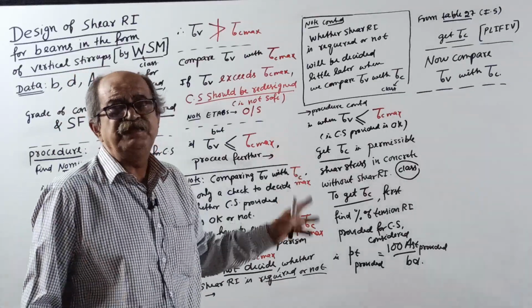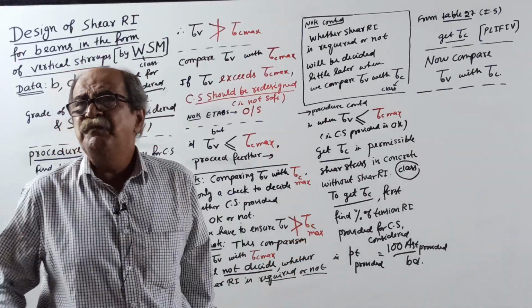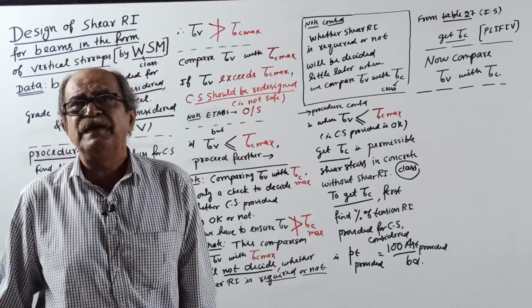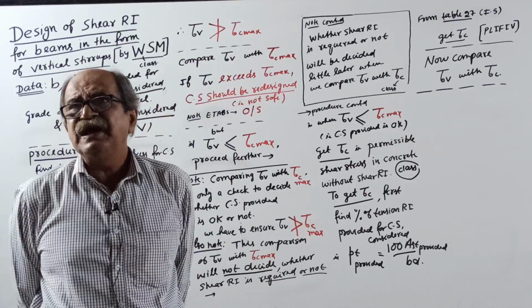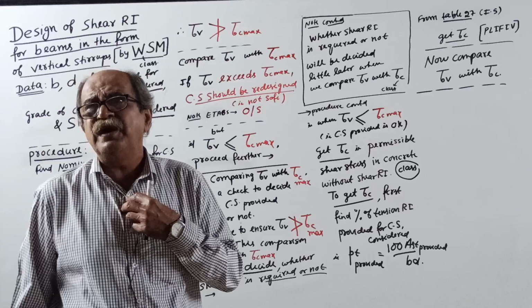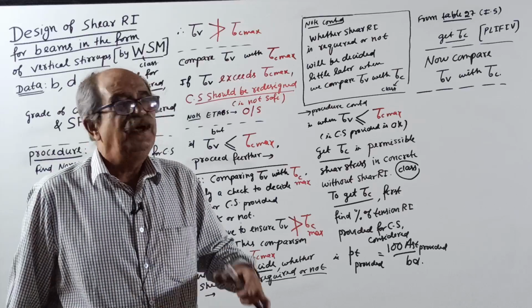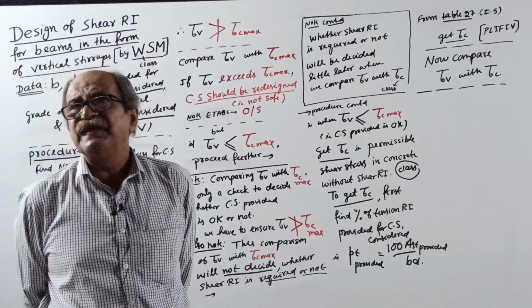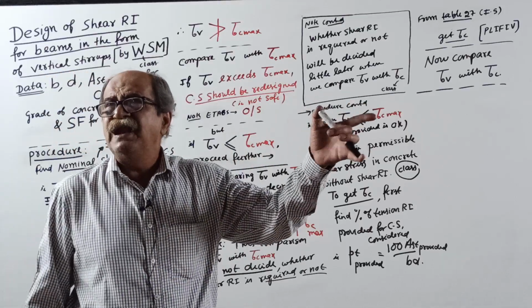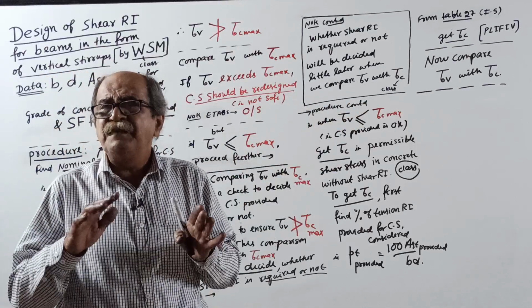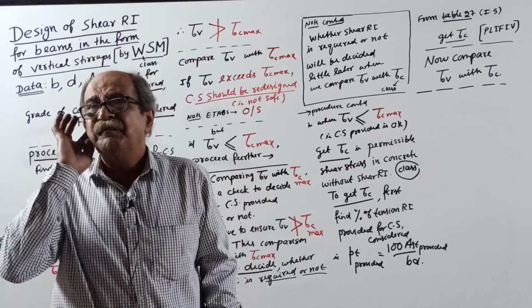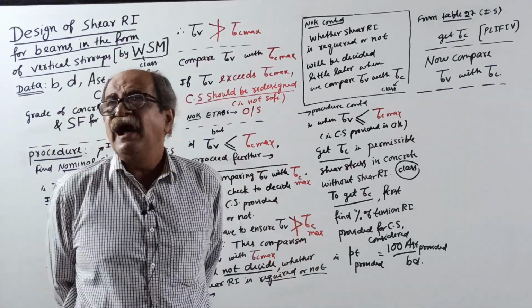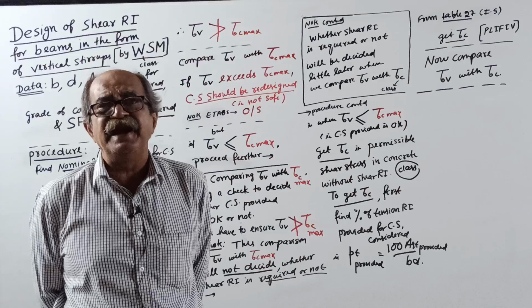As soon as I finish the working stress method, I will immediately upload for the limit state method. Practically, the limit state method is more important. But remember, for analysis of singly and doubly reinforced sections, by working stress method and later by limit state method, the concept or pattern is the same, but values are different and many logics are different.